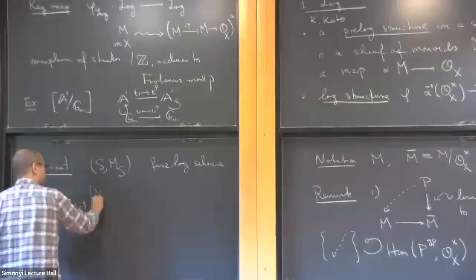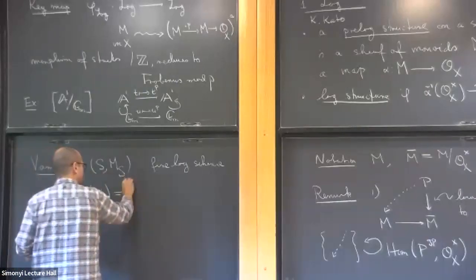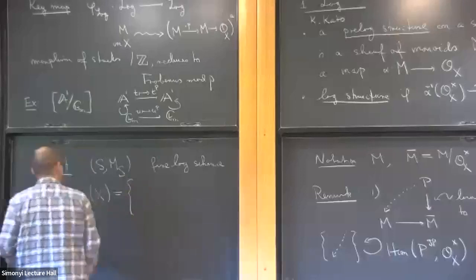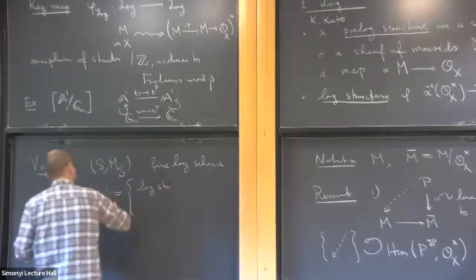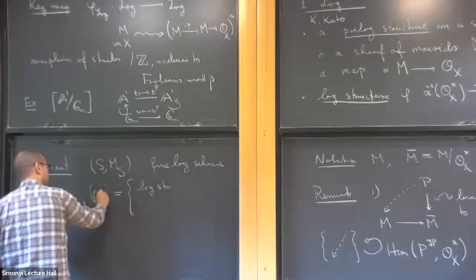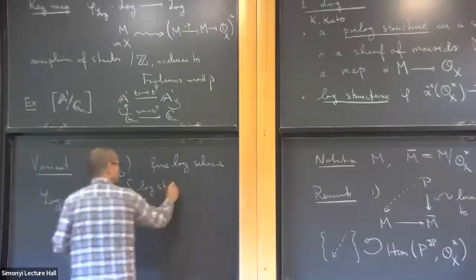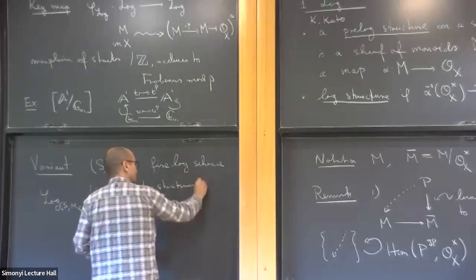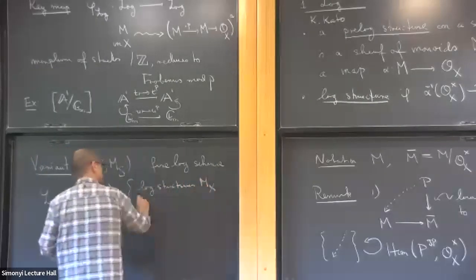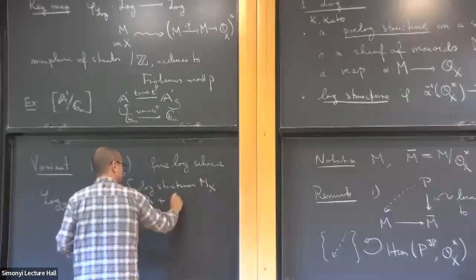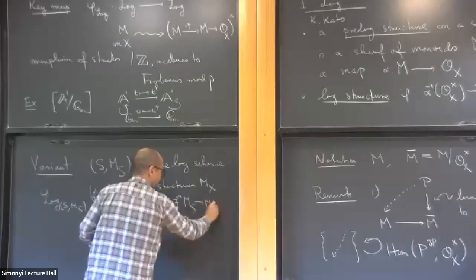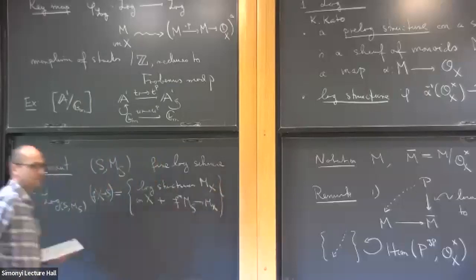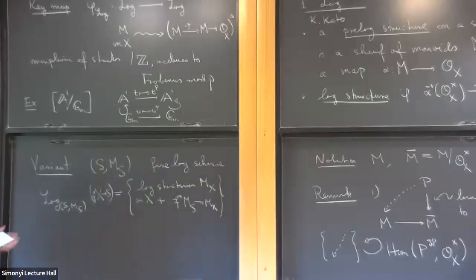Like this, the points are, sorry, f: X to S, log structures M_X of X plus, that's sort of the relative version of this stack.